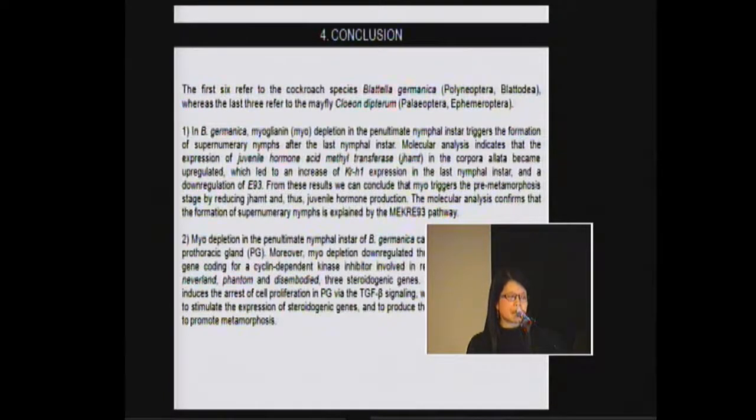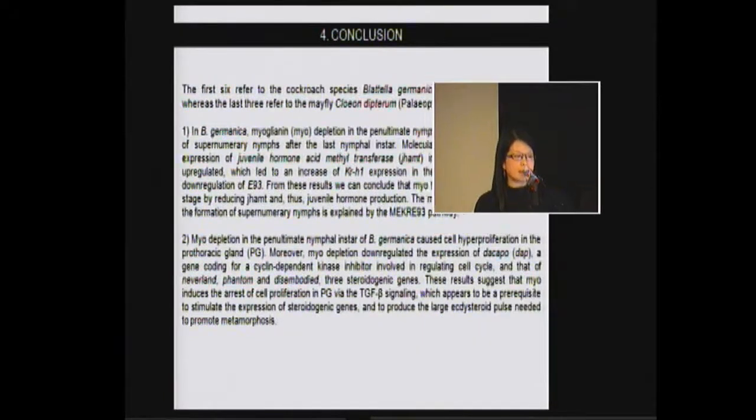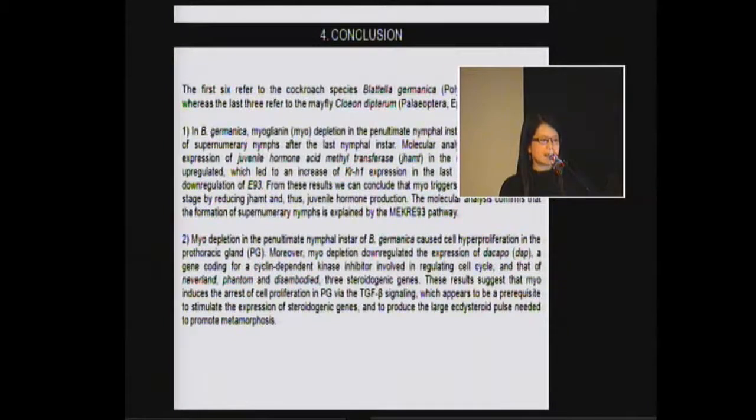From this result, we can conclude that myoclonine triggers the pre-metamorphosis stage by reducing juvenile hormone acid methyltransferase and thus juvenile hormone production. The molecular analysis confirms that the formation of supernumerary nymph is explained by the MEKRE93 pathway.